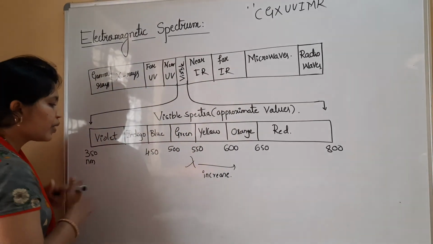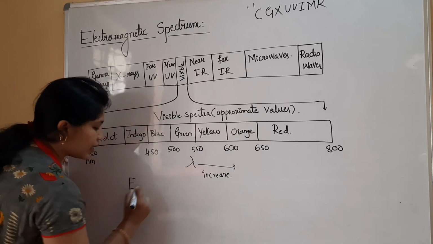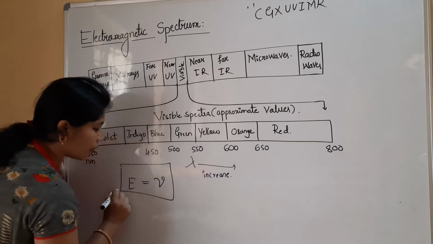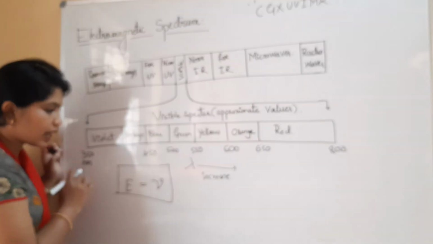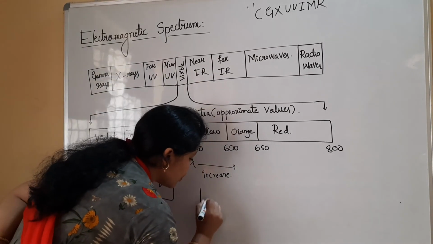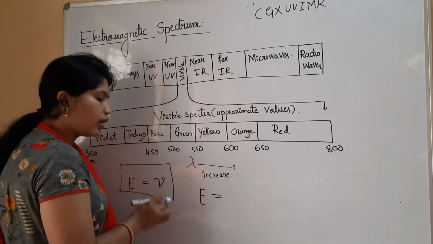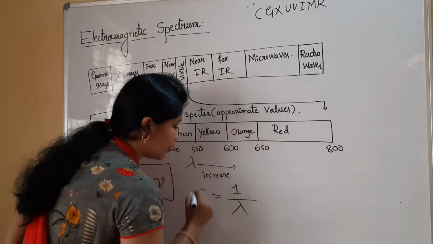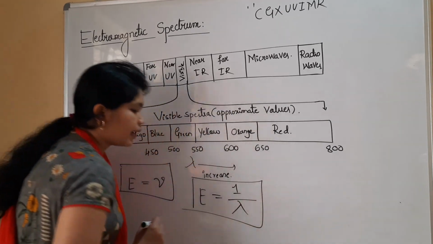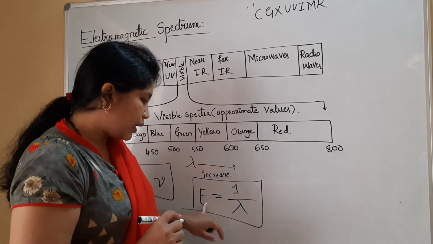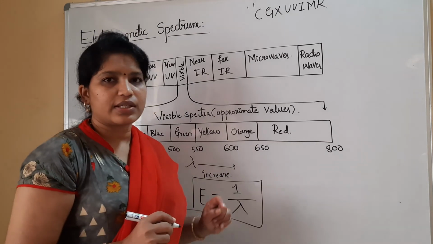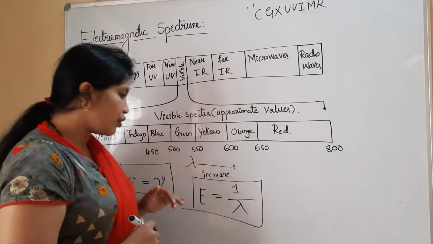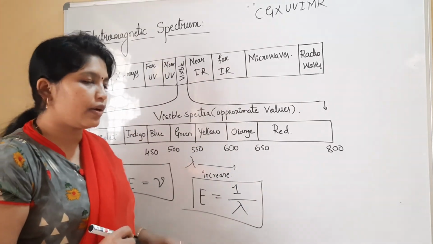As I told you, the energy of electromagnetic radiation is directly proportional to its frequency, E equal to h nu, and it is inversely proportional to wavelength lambda. So we could write E proportional to 1 by lambda also. So the energy of electromagnetic radiation is inversely proportional to wavelength and directly proportional to its frequency. Copy it, we'll move to the next.